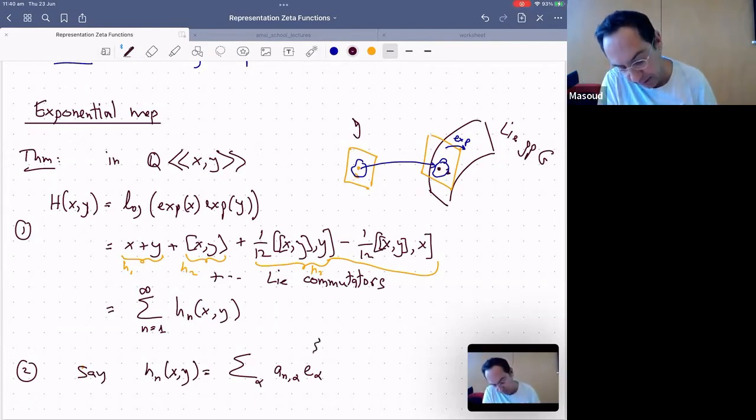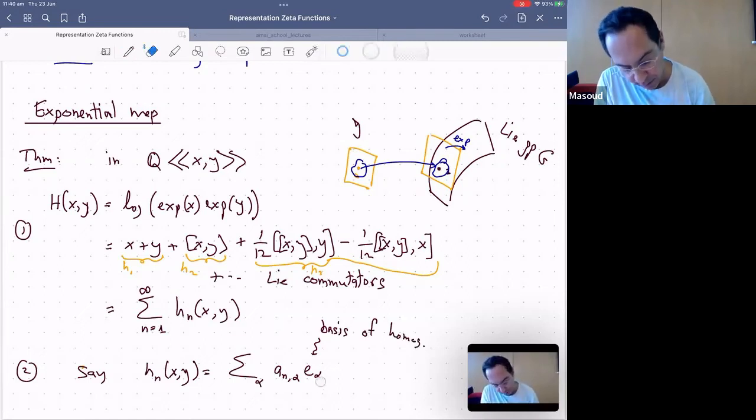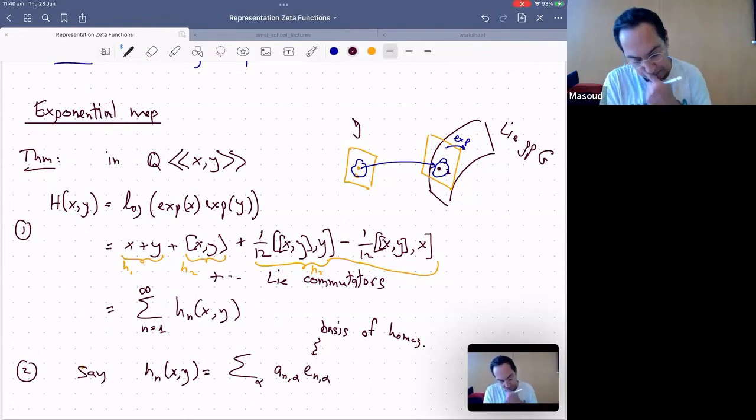So this e_alpha is the basis of homogeneous commutators of degree n.